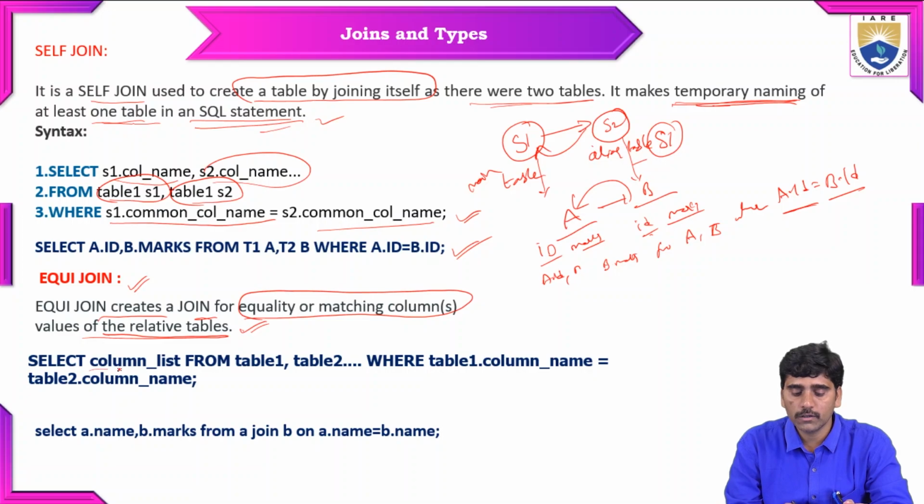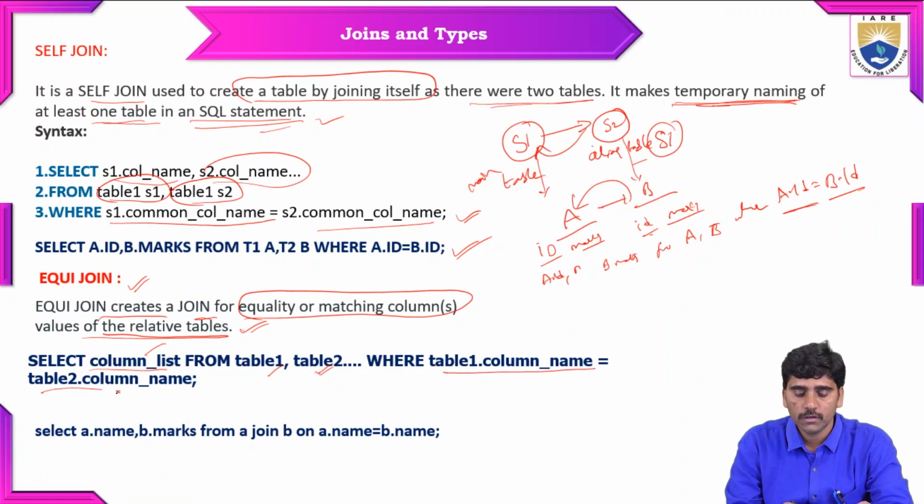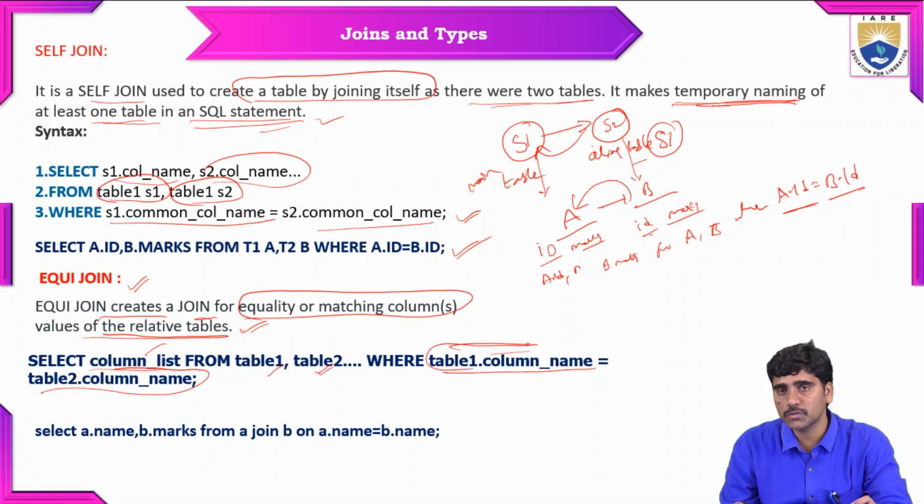The syntax is: select column list from table 1, table 2, where table 1.column name equals table 2.column name. The columns which are matched together will be displayed.